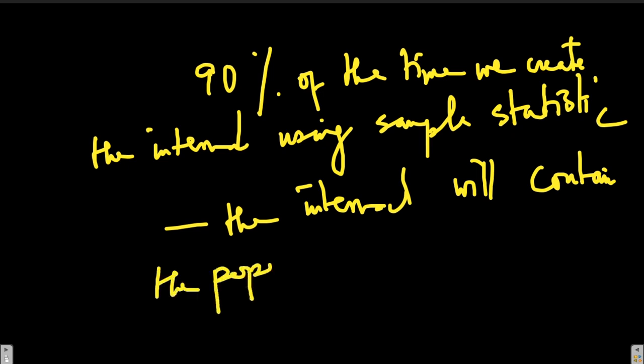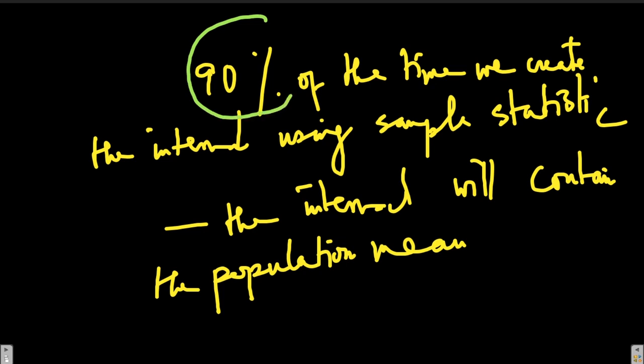So basically you have to understand what is varying here is the sample statistic. Every time you get a sample statistic, you have a certain technique to construct the interval. And when you construct the interval, with a 90% confidence level, that means 90% of the time you construct the interval, you will have the population mean within that interval.